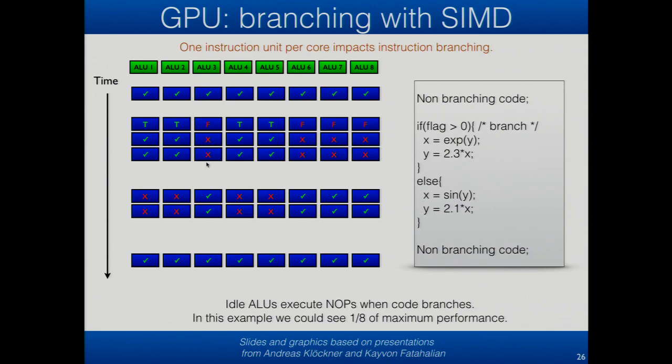Okay? This is, of course, problematic because you've partially serialized your code, right? It's quite possible that only one of these ALUs would execute this piece of code. So you would have, in this case, 1/8 of the efficiency of the SIMD group. So avoid branching, if possible.